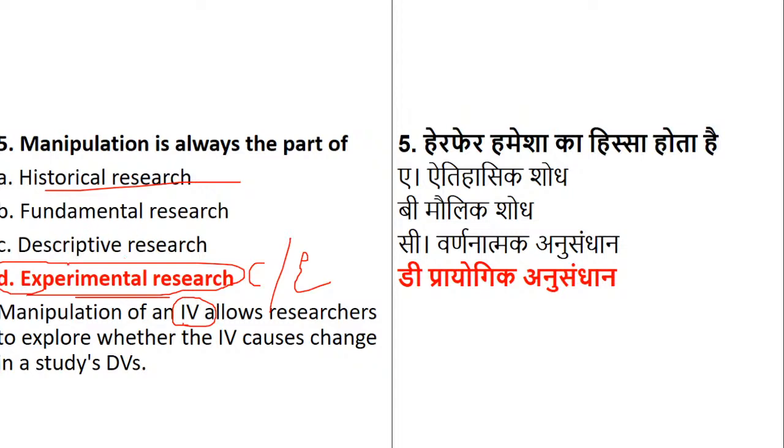Under descriptive research, it is experiences narrated or described by an individual or a group, wherein you can't do any manipulation. What has been described has to be a part of your research. You can't come up with any manipulation. So we have proved that manipulation is only a part of experimental research.